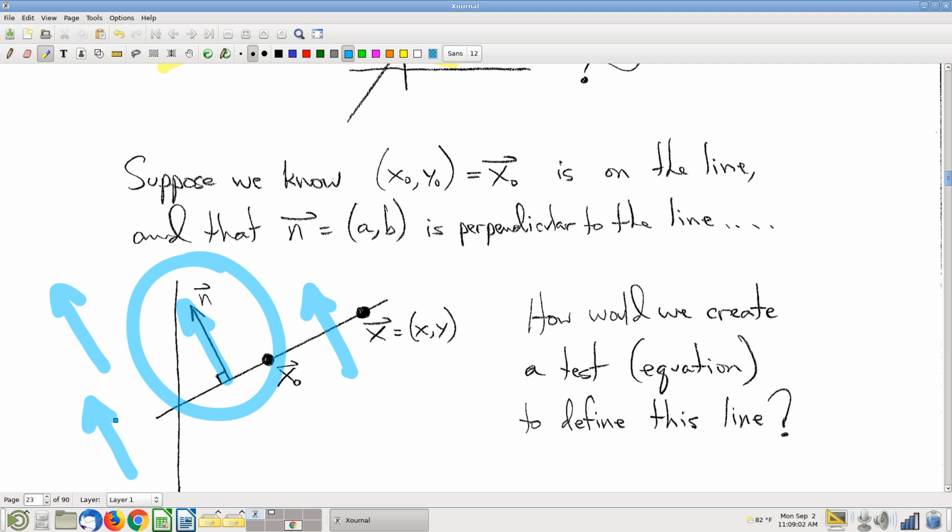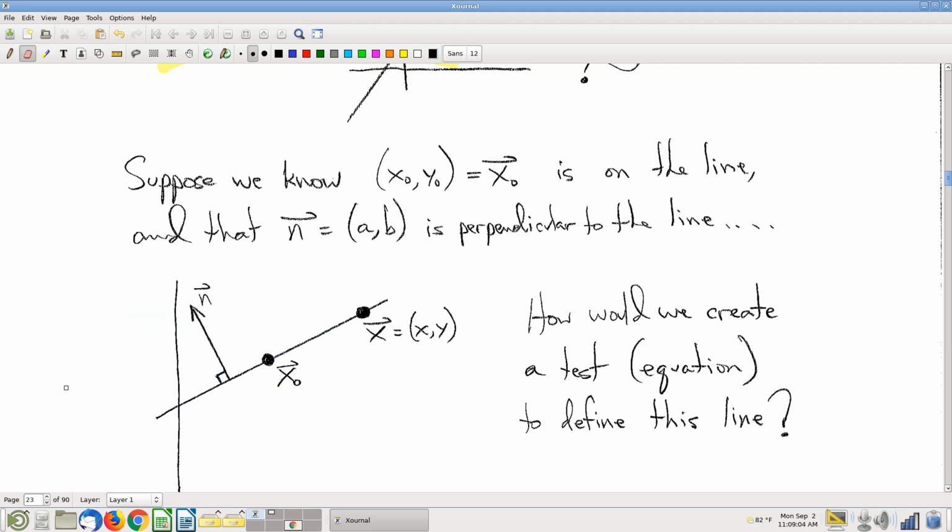By the way, I slipped up and used a word that I hadn't defined yet. The reason I call this n and not Q or something is because it's commonly referred to as a normal vector. Normal in this context means perpendicular.